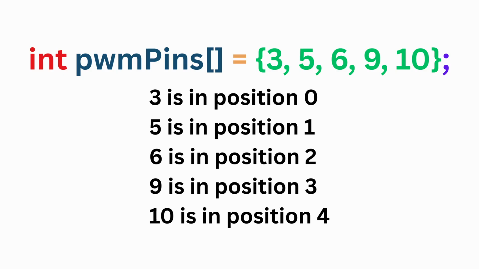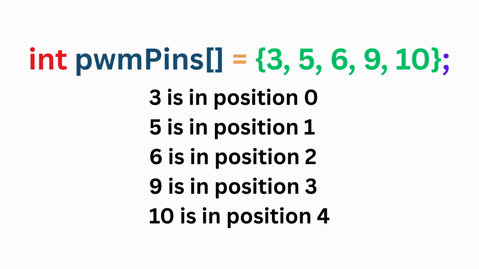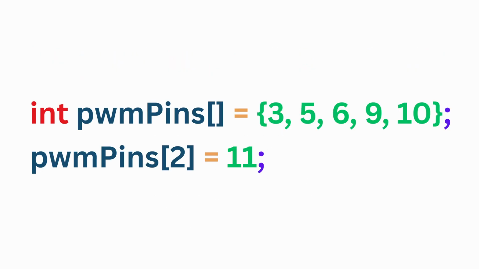If you try to access LED pins 5, it won't work because there is nothing stored there. Arrays are zero indexed, which means they start counting from 0, not 1. You can also read or update array values like this. Arrays unlock a whole new level of scalability and organization in your code. Once you get comfortable with them, you will start using arrays in almost every project.